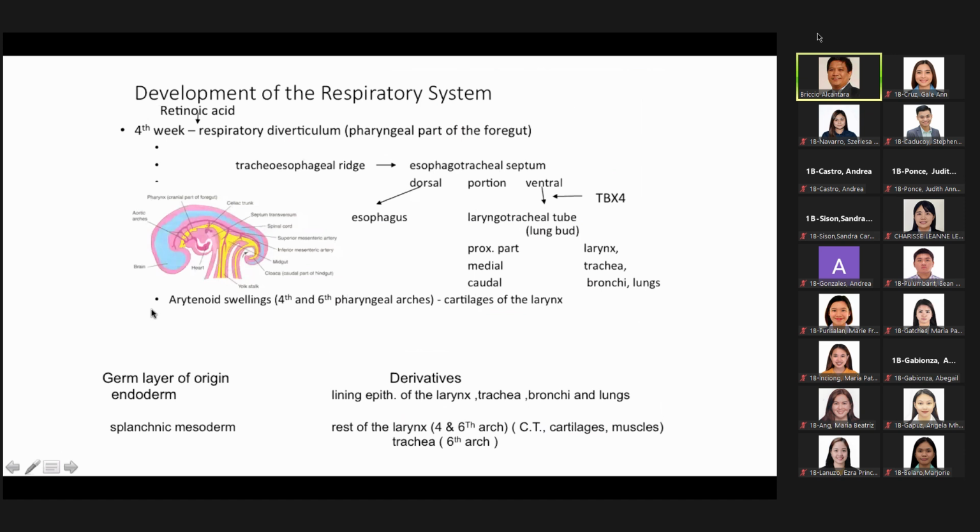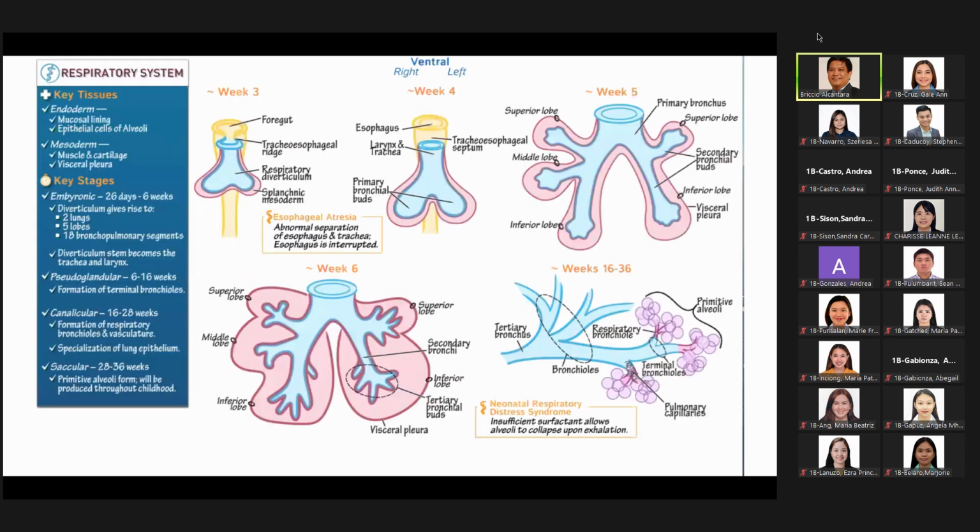So this slide will almost tell you all that will be happening in your respiratory system, class. So the key tissues here that you have will be the endoderm, mucosal lining, epithelial cells of the alveoli, mesoderm, muscle, cartilage, visceral pleura. Stages: embryonic, pseudoglandular, canalicular, saccular.